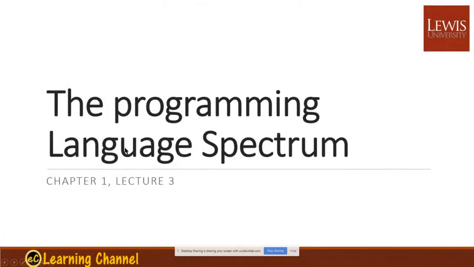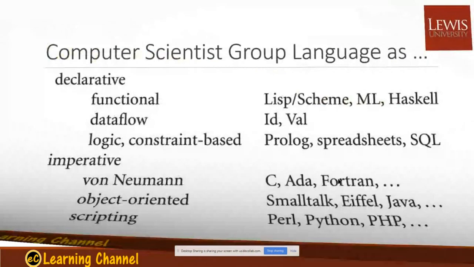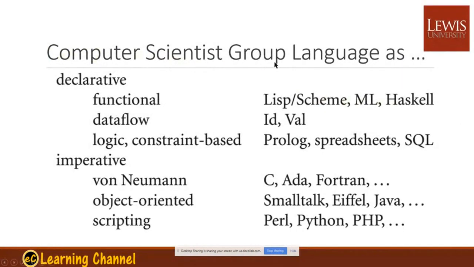Now we are on the programming paradigm and spectrum. Basically, computer scientists group languages into two main categories: declarative and imperative. These two are actually a little bit different. The first one is by deduction, or some people call it inference.